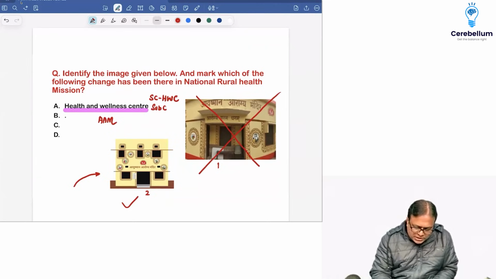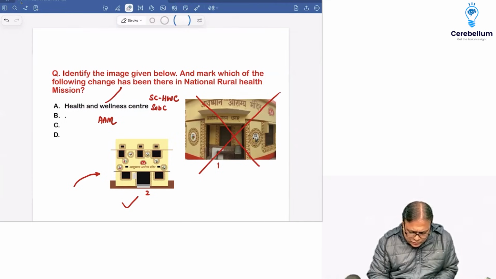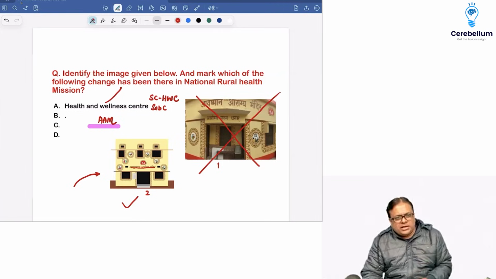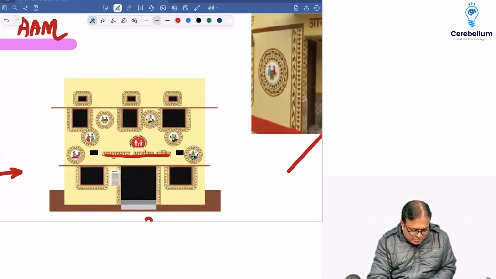Okay, Ayushman Arogya Mandir was in the option. That is good. In fact, that makes the question even easier for us. I hope all of you have marked this answer correct. Was the name written on the image in Hindi or English?